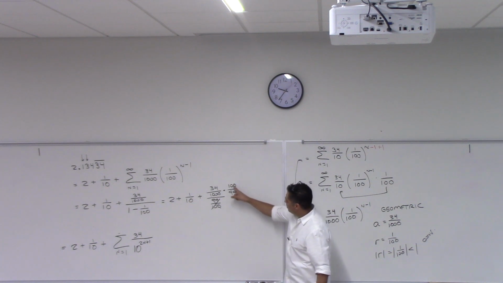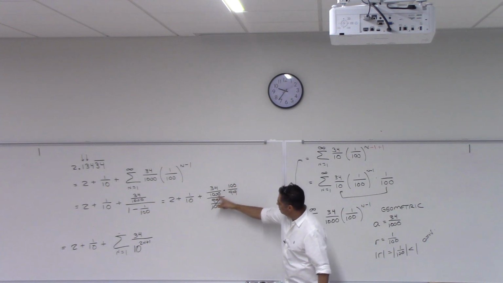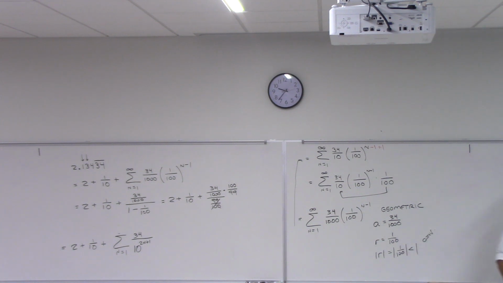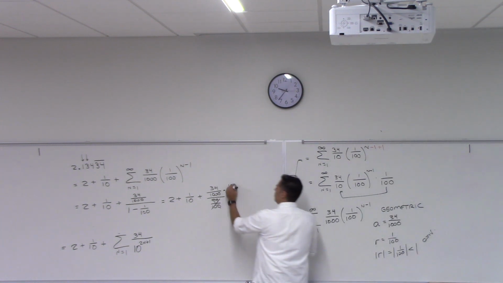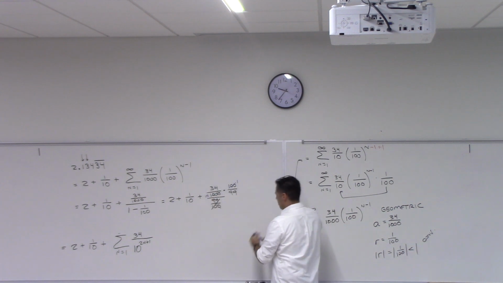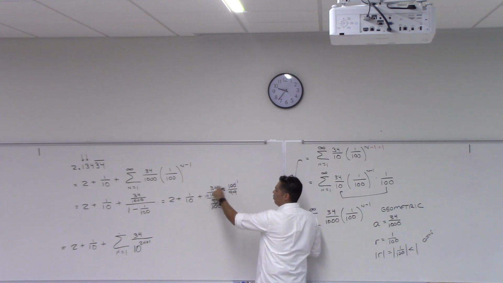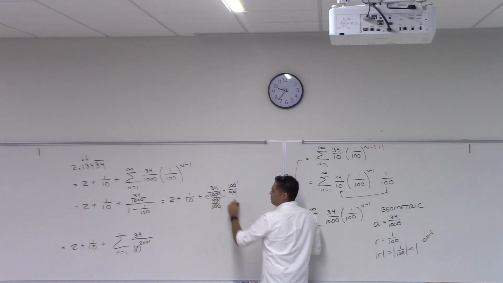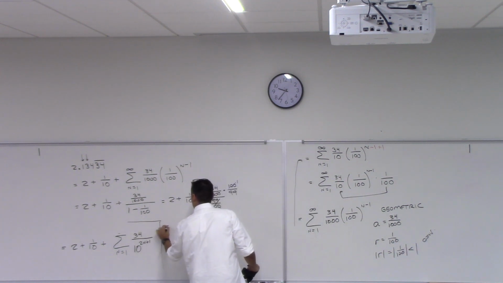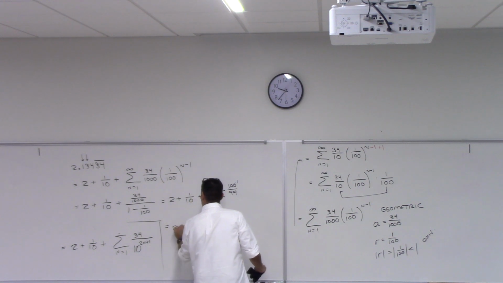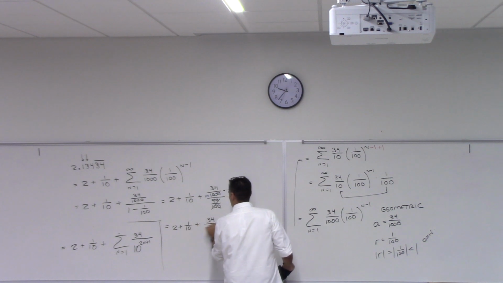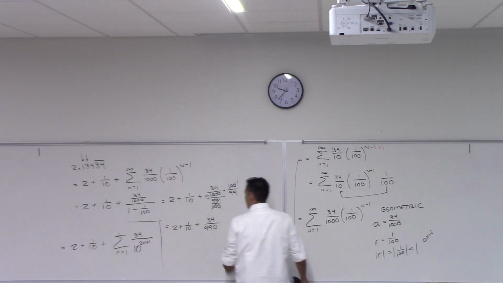And what happens with that 100 and 1,000? It just reduces out, becomes a 10 on the bottom. That's 1, and then this is 10. So you get 34 on the top, and what on the bottom? 990. So this now becomes 2 plus 1/10 plus 34 over 990.